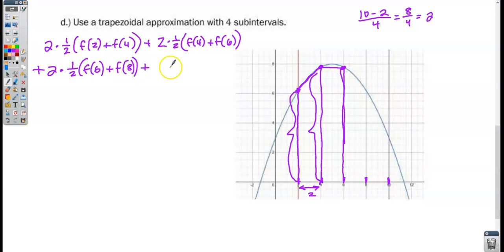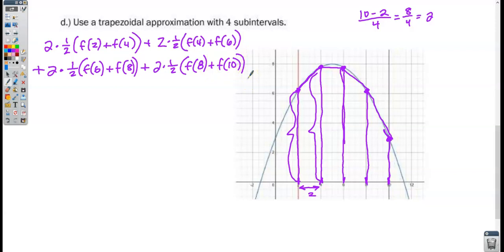And then my last interval, same deal. Look at how close the trapezoids come to approximating this curve. It should be a really good approximation for the value of this.